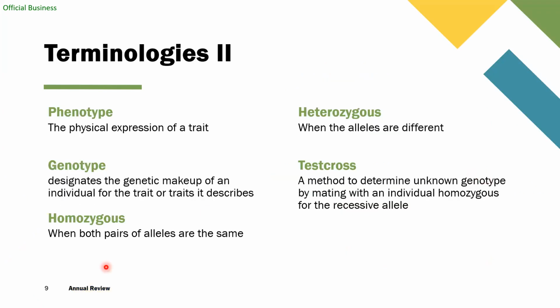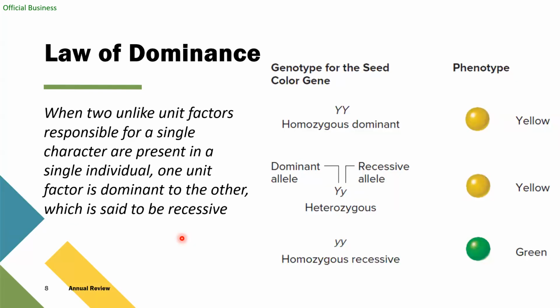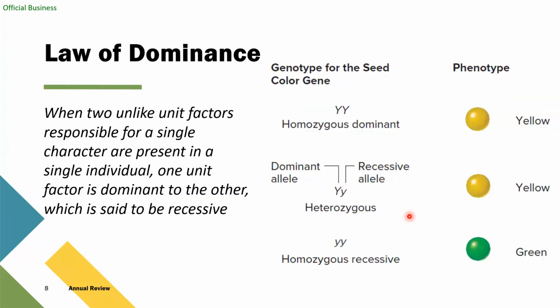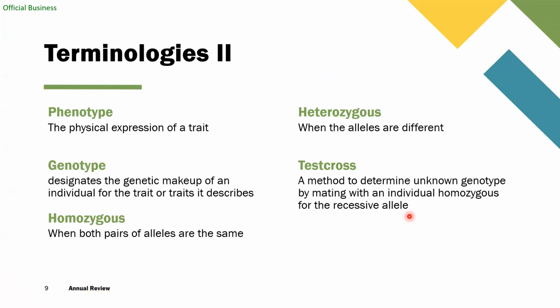Homozygous, by the way, is when both alleles of the pair are the same. So here is the homozygous dominant, and here is the homozygous recessive. For a recessive trait to show, that individual must have a homozygous recessive genotype. So that is how your recessive gene would be expressed according to the law of dominance.